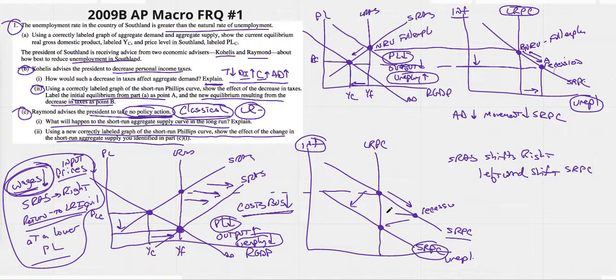We have a new lower price level. And we're back to full employment, our natural rate of unemployment. So this is a classical view thing going on with the Phillips curve, and obviously it has to be going on with aggregate demand. Full employment to recession, back to full employment at a lower price level.